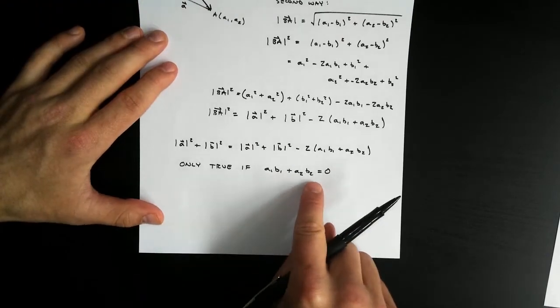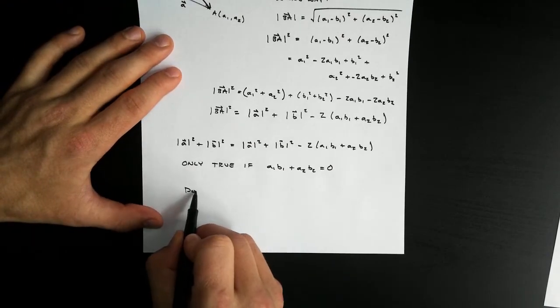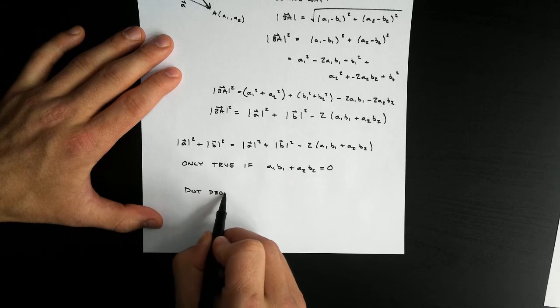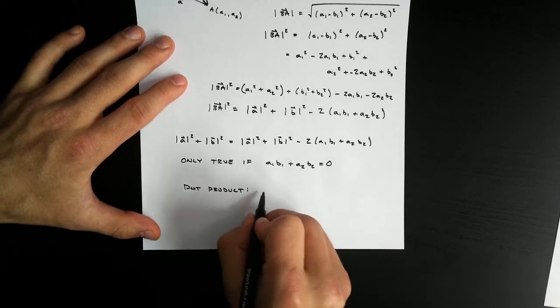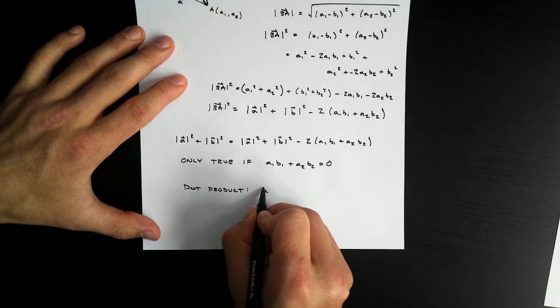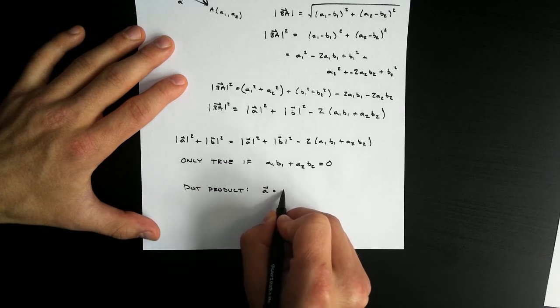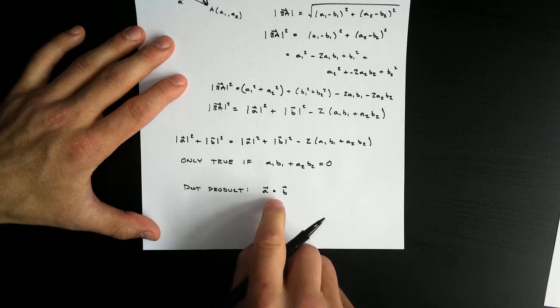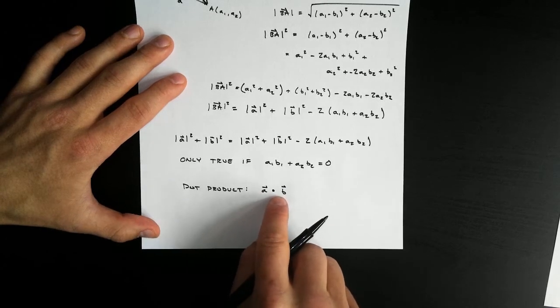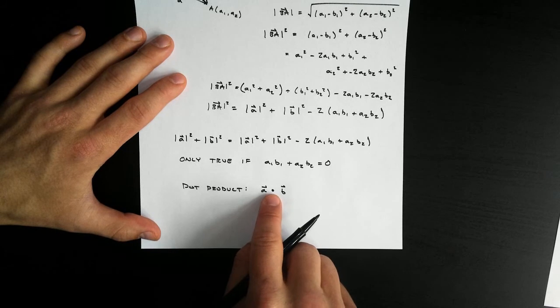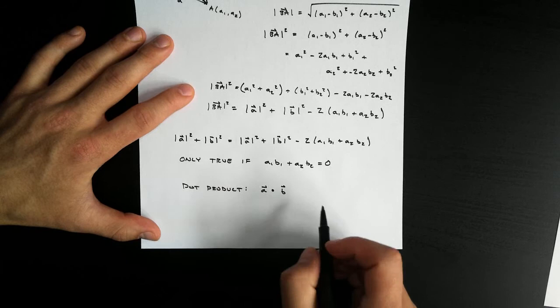So this is what we call the dot product. The way that we write this, we say vector A dot vector B. As long as I know I am dealing with vectors, this is not multiplication. This represents the dot product. It is a different operation.